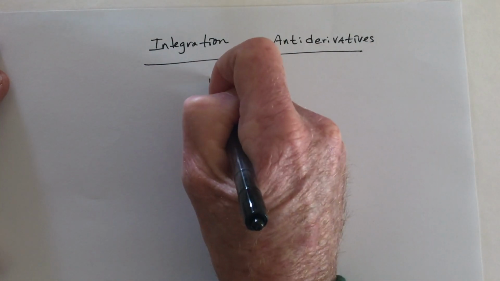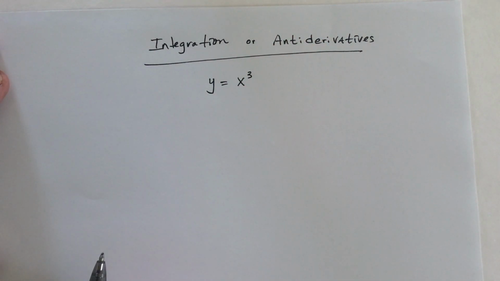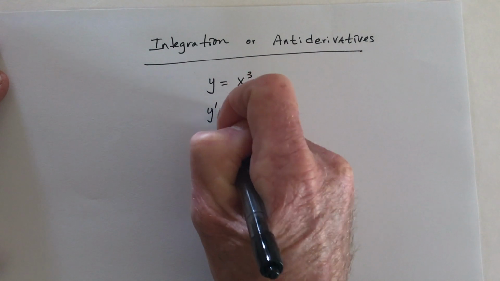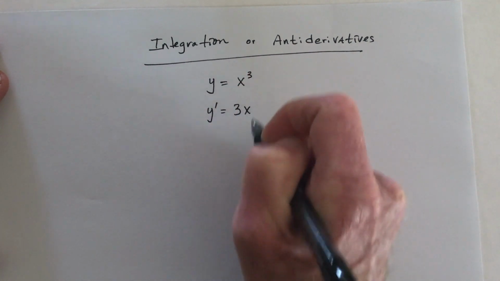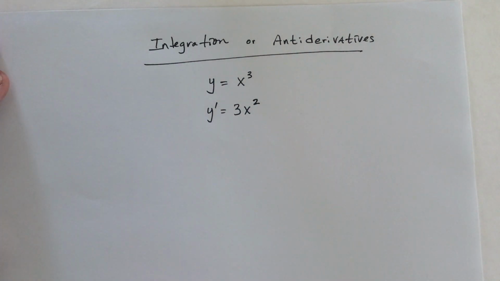So if you have something like y equals x cubed, and then you take the derivative, just use the power rule, the 3 goes in front, multiply, and then subtract 1 from the exponent, so the derivative is 3x squared.